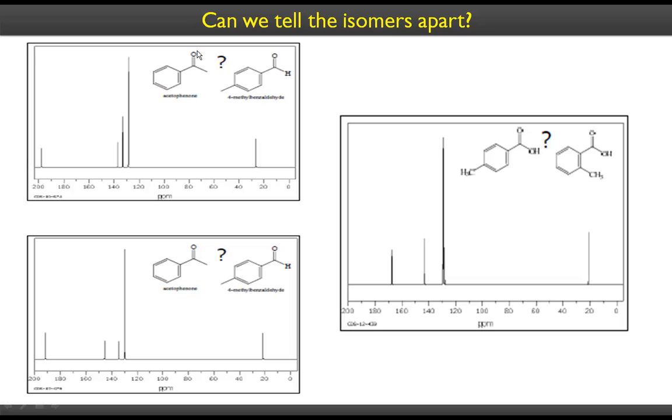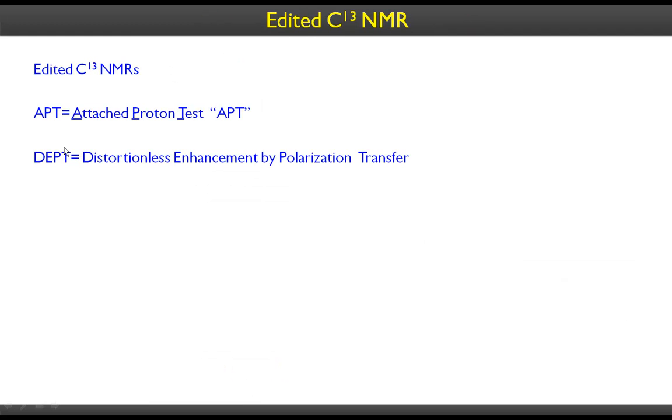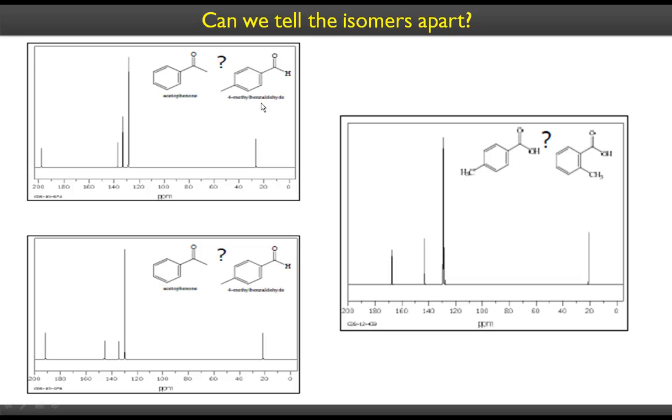Also the most distinct feature is the ketone carbonyl that comes around 220. This is an aromatic ketone. Aromatic ketones have different chemical shifts, but this has a higher chemical shift, a lower field, compared to the aldehyde, which is at 190. So by looking at the position of the carbonyl carbons, you can assign them as ketone or aldehyde.